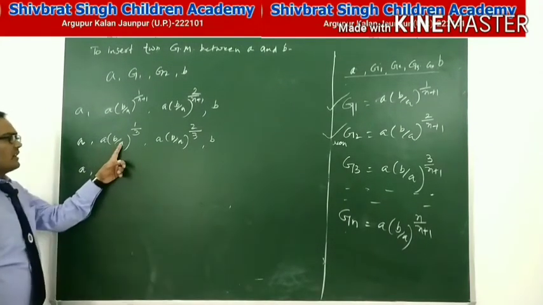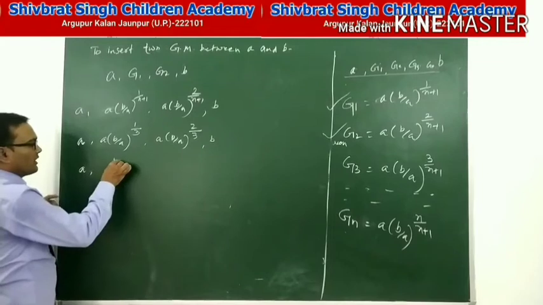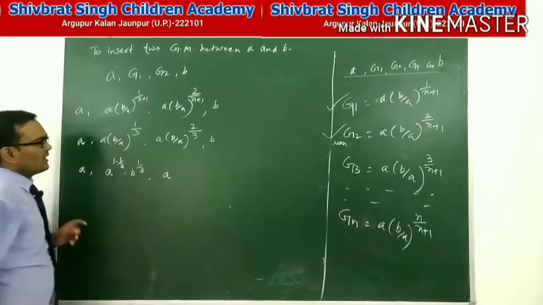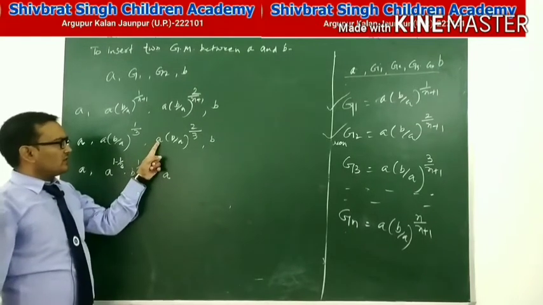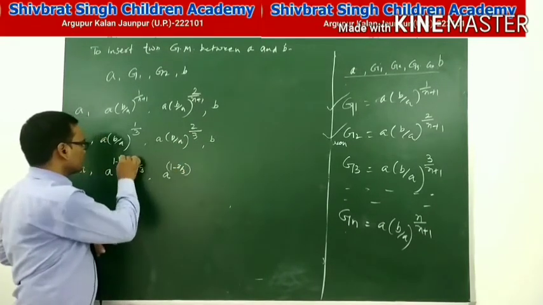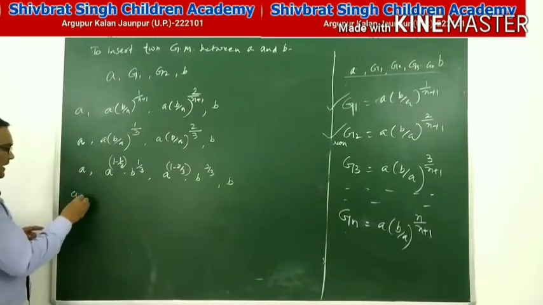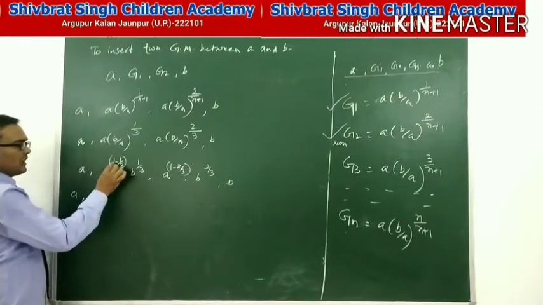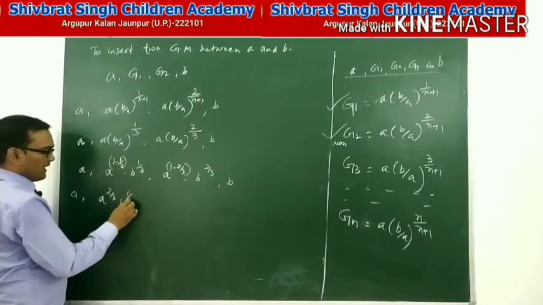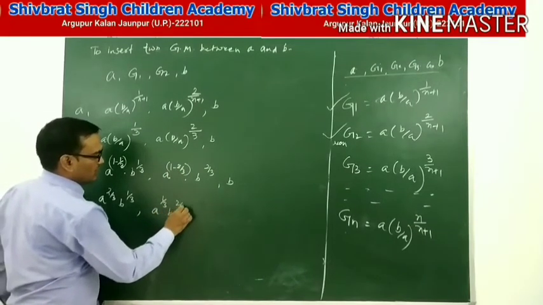Here the power of a is 1 minus 1 by 3 and the power of b is 1 by 3, comma, the power of a is 1 minus 2 by 3 and b to the power 2 by 3, comma b. Solving this, a to the power 2 by 3 and b to the power 1 by 3, and a to the power 1 by 3 and b to the power 2 by 3, comma b.